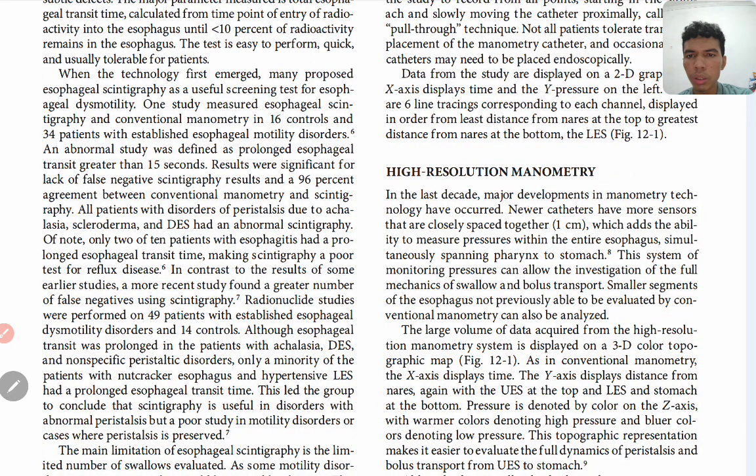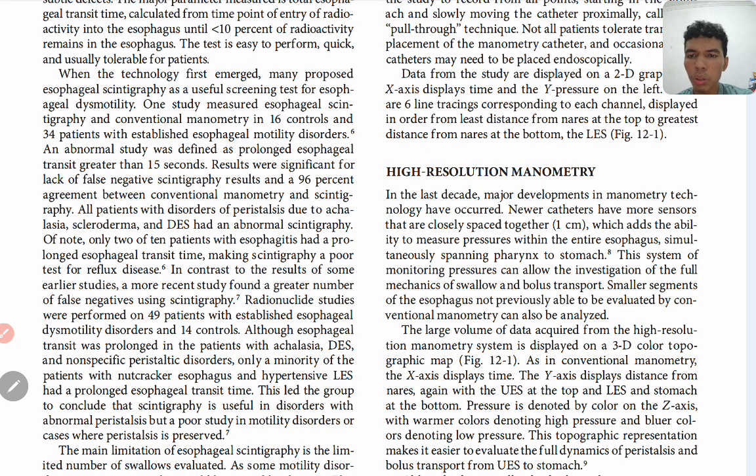One study compared esophageal scintigraphy and conventional manometry in 16 controls and 34 patients with established esophageal motility disorders. An abnormal study was defined as prolonged esophageal transit greater than 15 seconds. The results were significant for a lack of false negative scintigraphy results and a 96% agreement between conventional manometry and scintigraphy.